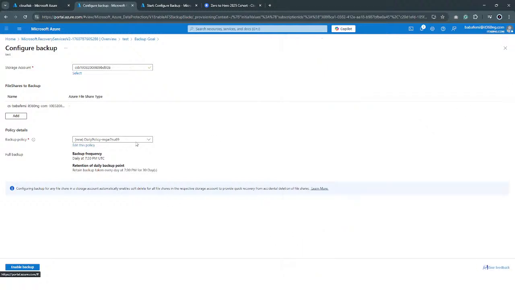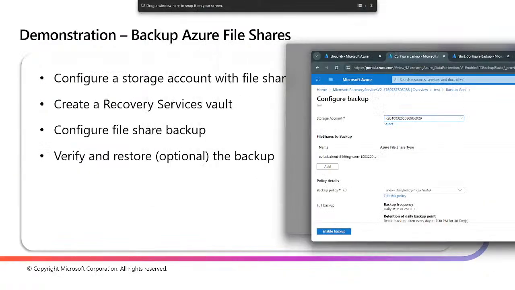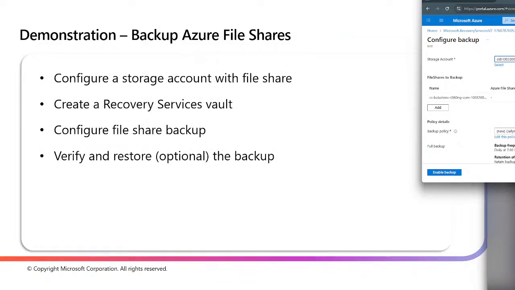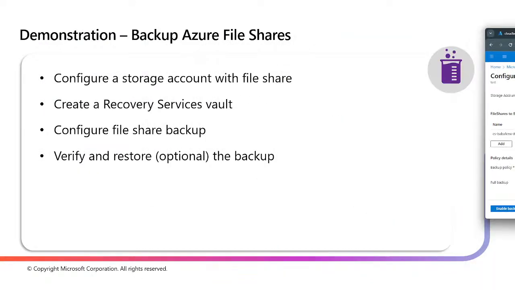So once everything is in place, then I can actually go ahead and just enable the backup, and that particular resource will now be monitored within the business continuity center. So I'm not going to, because this particular one is the one for my cloud shell. I don't want to go encrypt it, but that's how we enable the backup.